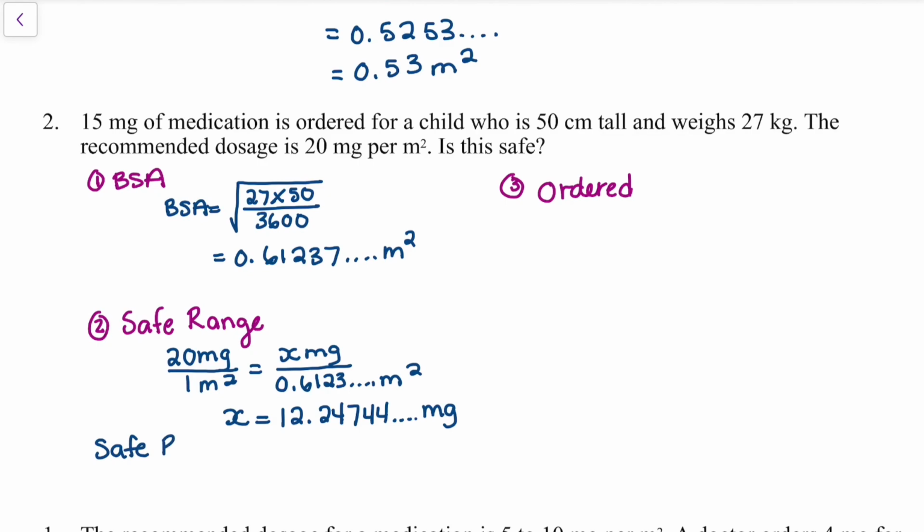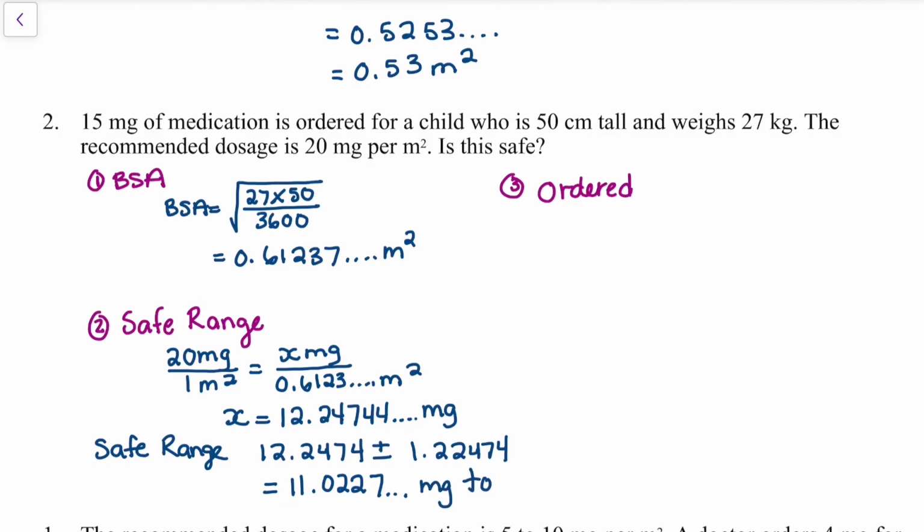So the safe range is 12.2474 plus or minus 1.22474. So I divide by 10 to get my up or down number, which means I can go down by 1.22474 and up.